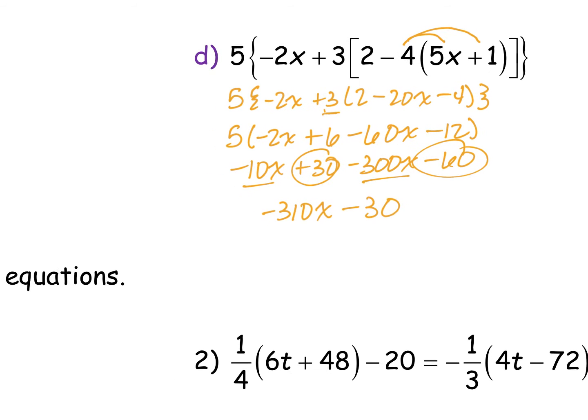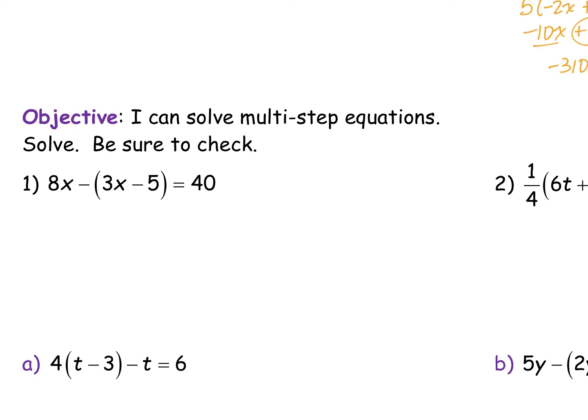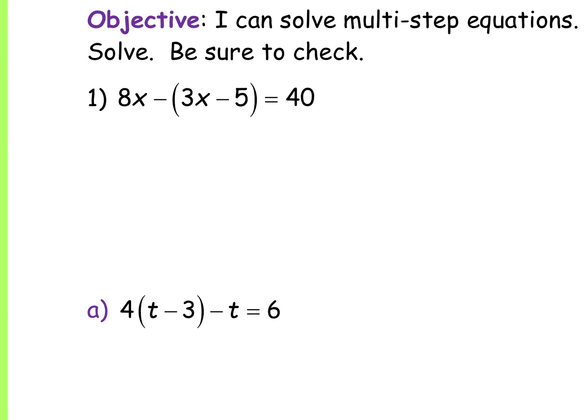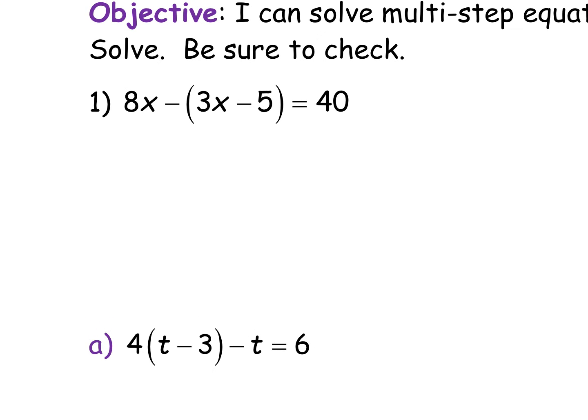Okay, so now we're going to go on to solving multi-step equations, which means more than one step, right? So on number 1, what do I do first? Distribute the negative. Beautiful. So I've got 8x minus 3x plus 5 equals 40. And then I'm going to combine my like terms.